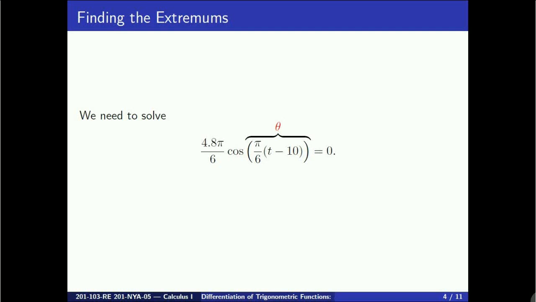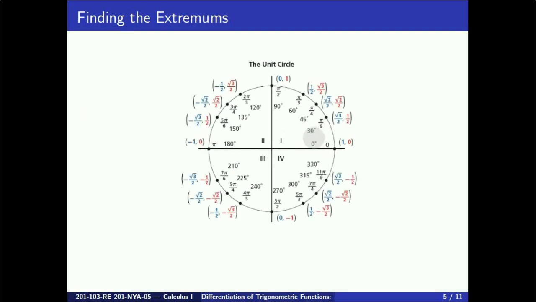So if we think of the inner function, pi over 6 times (t minus 10), as an angle, theta, we need to find the values of theta for which the cosine is equal to 0. So for this, we need to go and look at the unit circle and figure out the angles where the cosine is equal to 0.